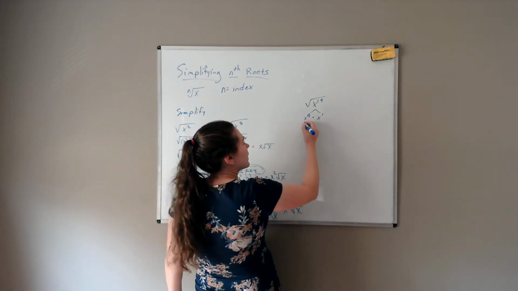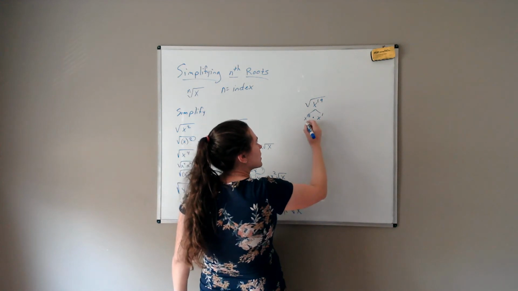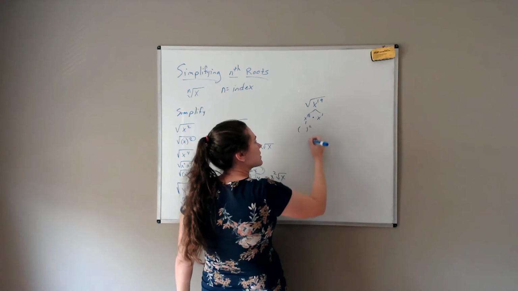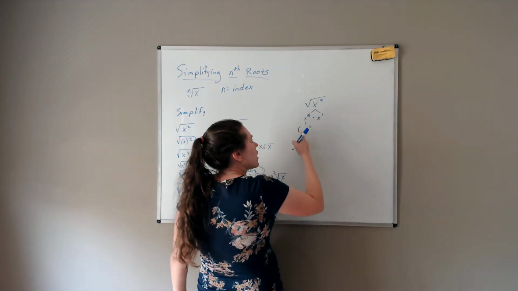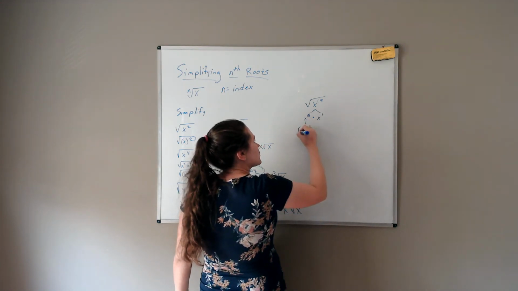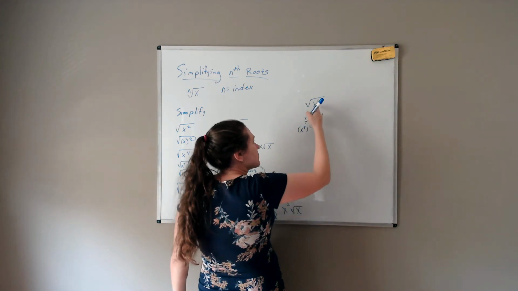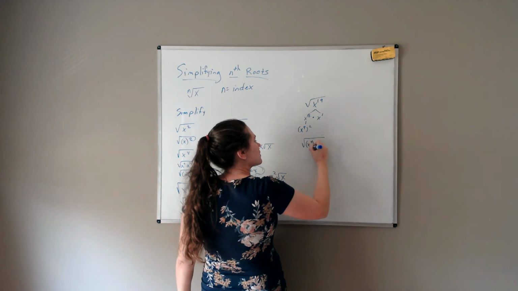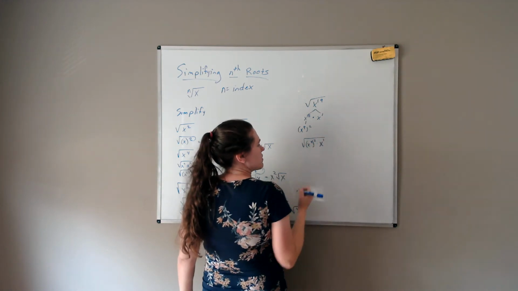So now, what I did was I broke it up because I can take x to the 18th and write that as something squared. And what squared is x to the 18th? X to the 9th. That means this expression is the same as x to the 9th squared times x to the first.